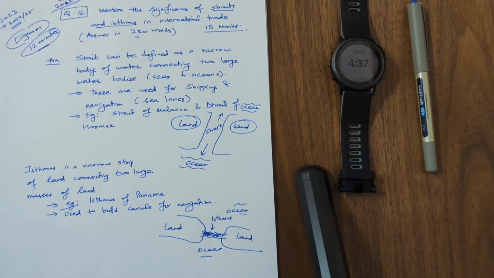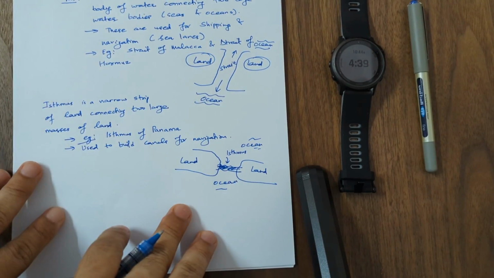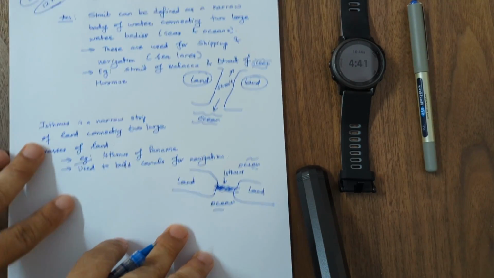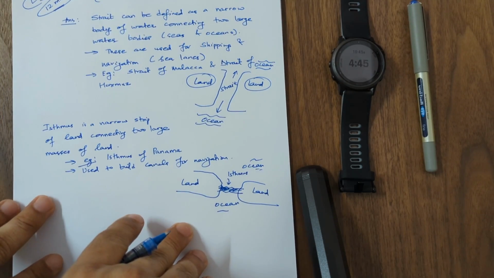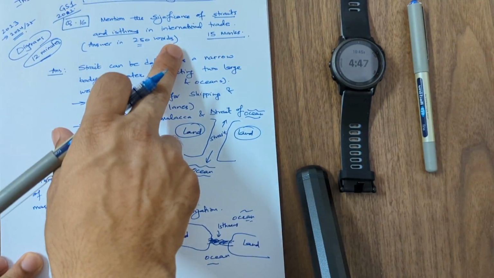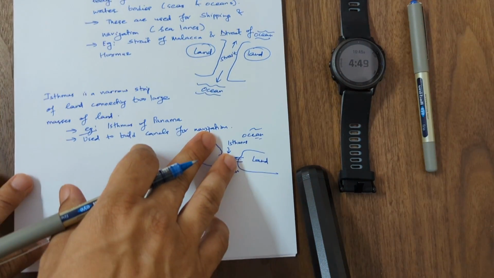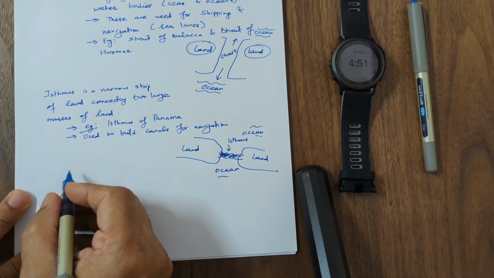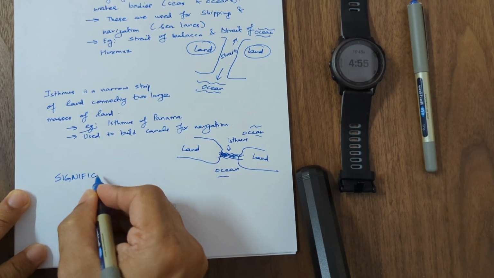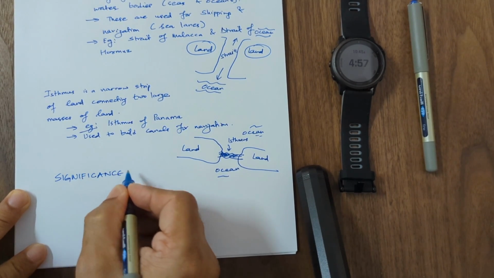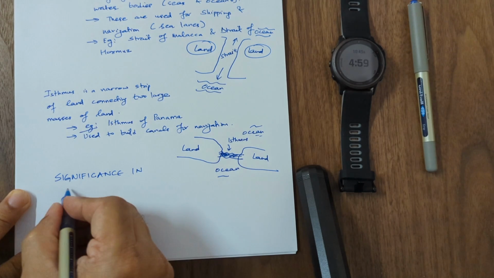All right. So here we have laid out the introduction sort of, because we have to define both these things. Now we will get into the actual part of the question, which is the significance of the straits and the isthmus. Okay. So let's go into that. Significance in international trade.